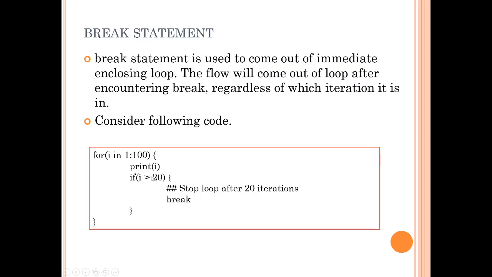So even if we had given I equal to 20, only for 20 we want to break, it would still have taken us out of the for loop, and we will not be in a position to print all the other values.